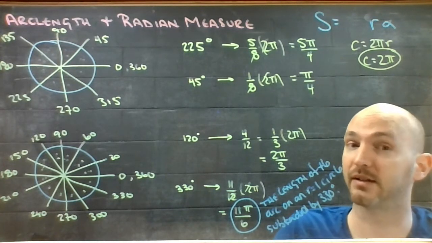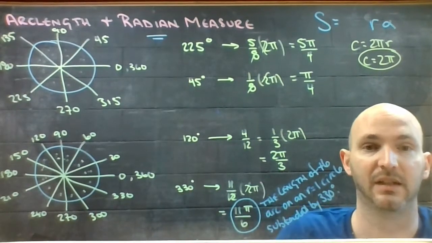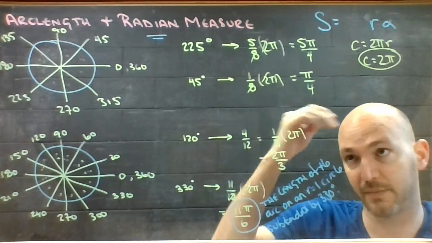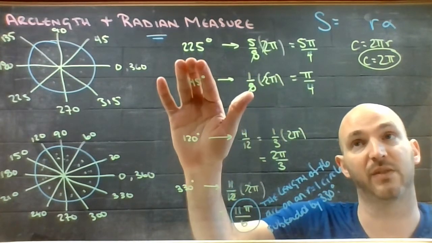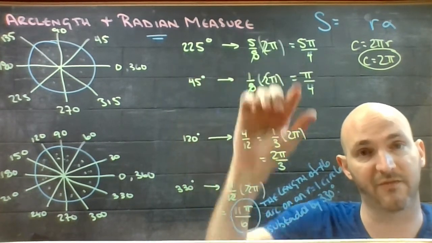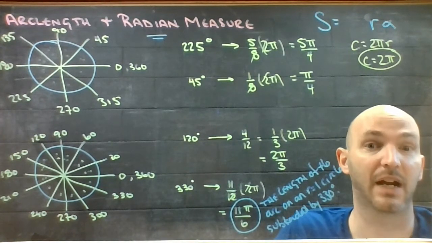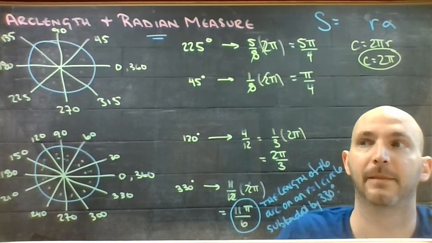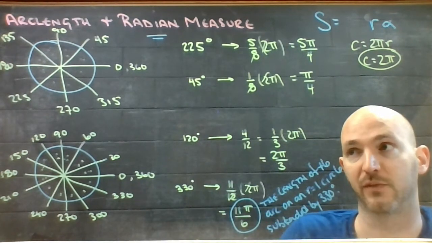You're going to abandon degrees very shortly and work in this specifically. So what I've got up here is just the quick conversion factor, right? 225 degrees is 5 pi divided by 4 radians. Or you just say that as 5 pi over 4. 45 degrees happens to be pi divided by 4 radians.